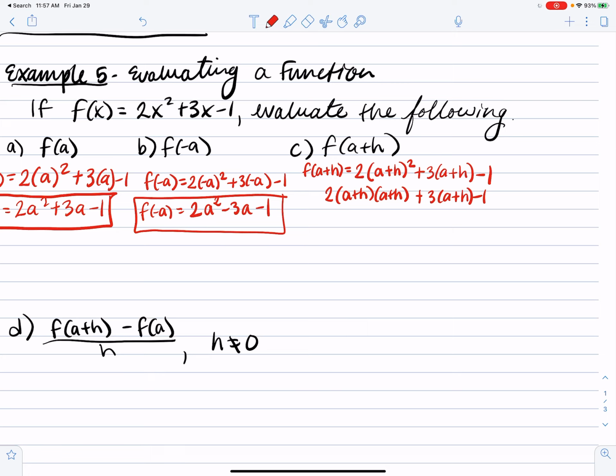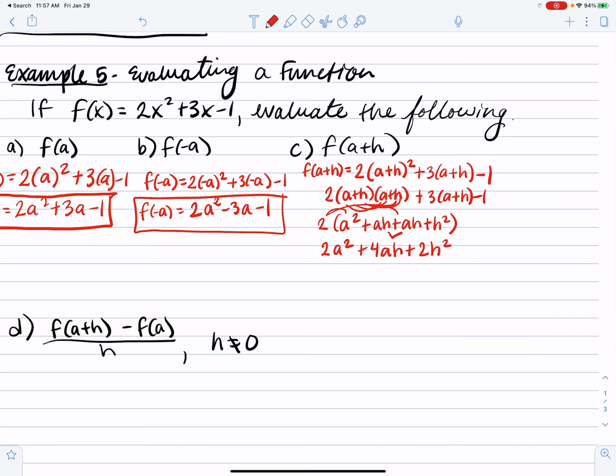Okay, do FOIL here. I'm going to end up with 2 times a squared plus ah plus ah plus h squared. So this here is 2ah, and then multiplied by this 2 is 4ah, and then multiplied by the 2 is 2h squared.